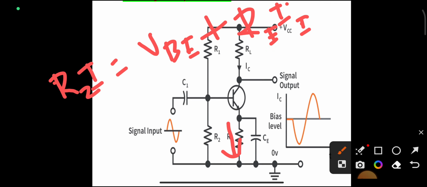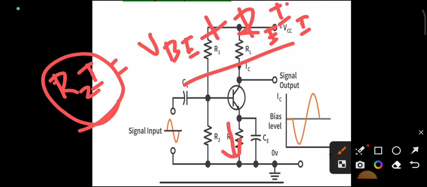I is the current passing through the resistor R2, so it is constant. There is a sum of VBE and RE IE.